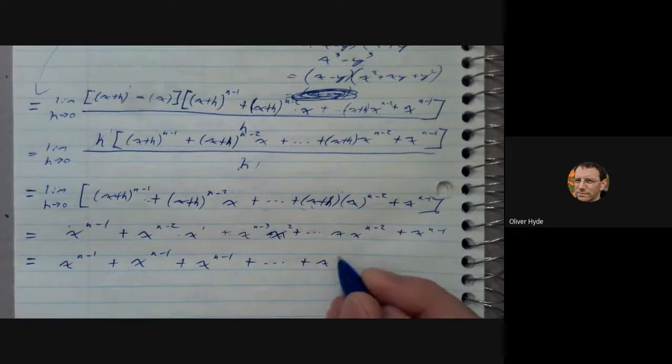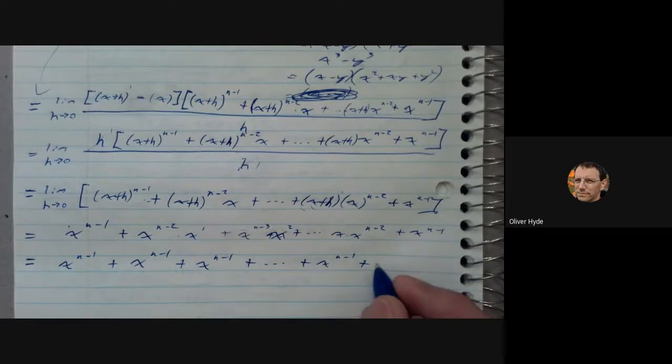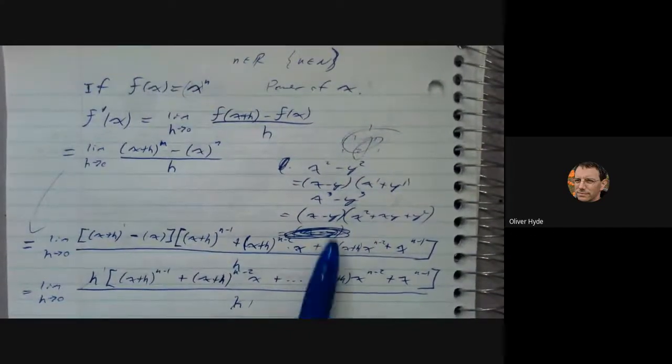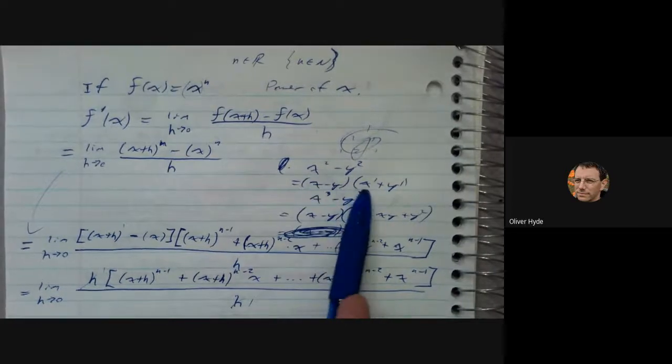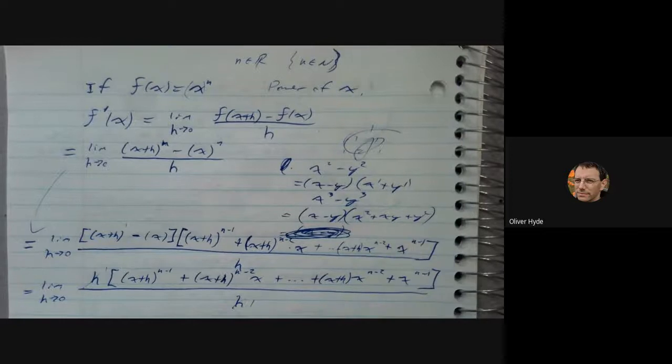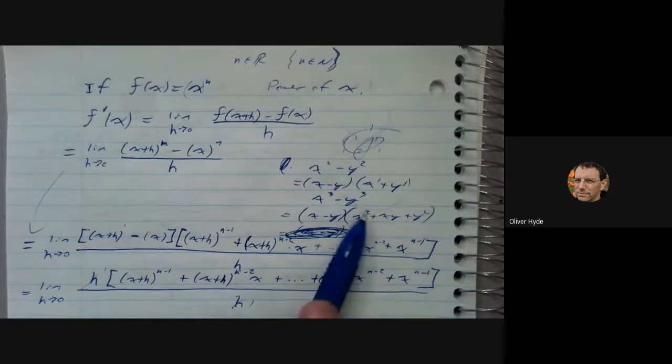The tricky thing, I suppose, is keeping track of how many terms there were here. And that's something that I probably should have mentioned a little bit sooner back here. I think we have a couple of ways of counting this. Do you notice that when your exponent was 2, you have 2 terms here? When your exponent was 3, you're going to have 3 terms here. Now, this is because we could generalize this.